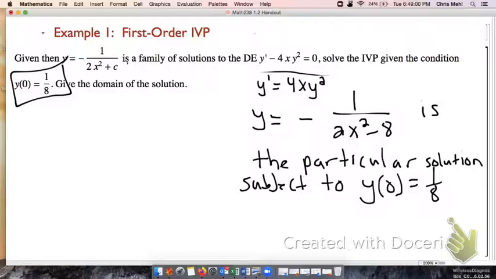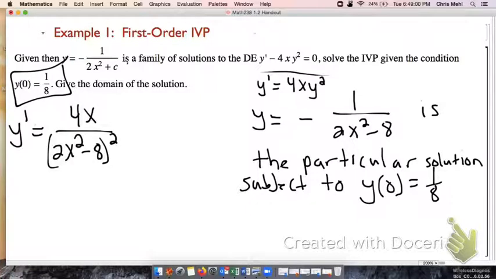Now you'd probably have to go ahead and find y prime. Using the quotient rule, I believe that y prime is 4x over 2x squared minus 8 quantity squared. So the domain of the original function plus its derivative is the same, and we know that functions of this form are continuous on their domains.